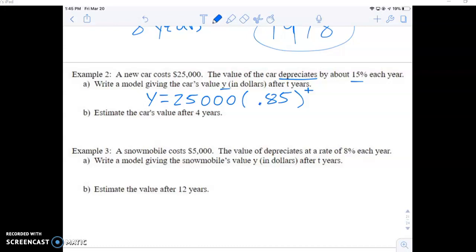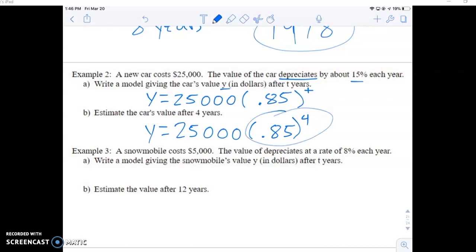And then we are just going to take that equation and plug in a 4 for T. So I'm just going to rewrite the equation Y equals 25,000 times 0.85 to the 4th power. And then if you have a calculator, we just type that in and figure out the answer. And remember, we do order of operations, so we're going to do this first.